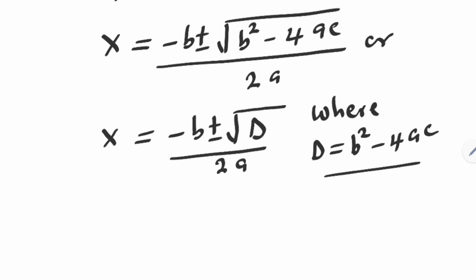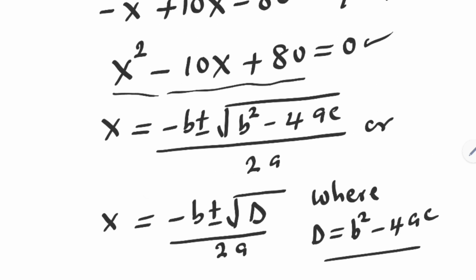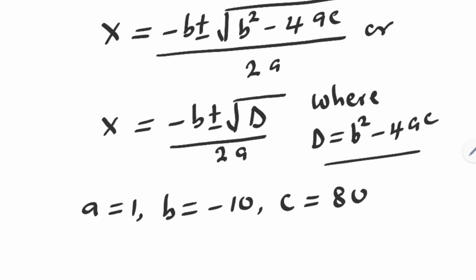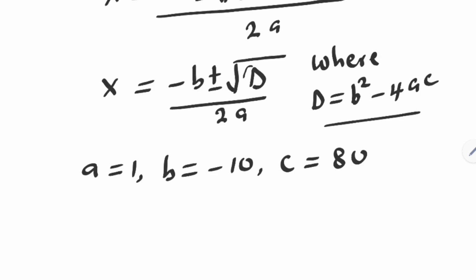Then from this equation, a is equal to 1, b is equal to minus 10, c is equal to 80. Let us compute the discriminant.